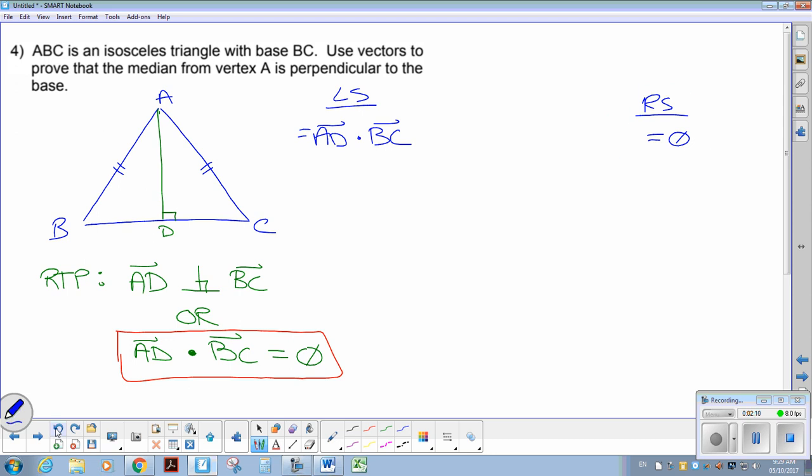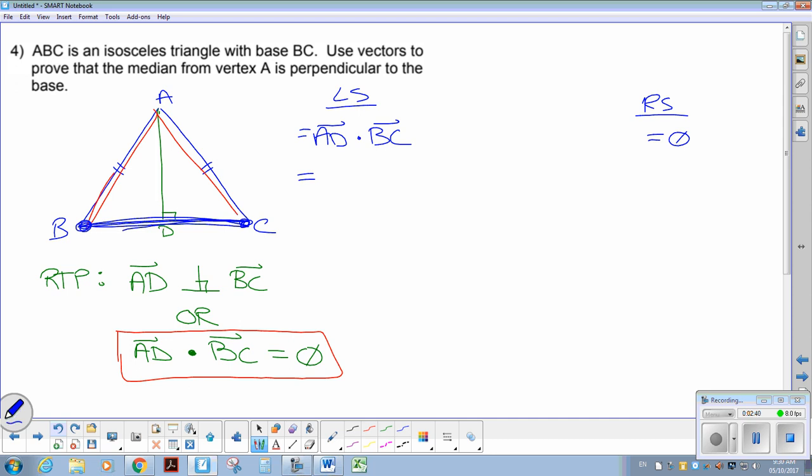So vector AD, I want to write it in terms of the given vectors, AB and AC. Let's go to the vector BC first, maybe that'll make a little more sense. How can I write the vector BC in terms of A, B, and C?